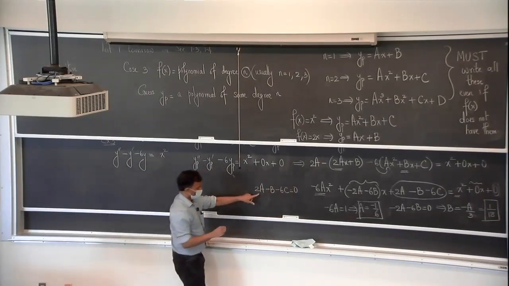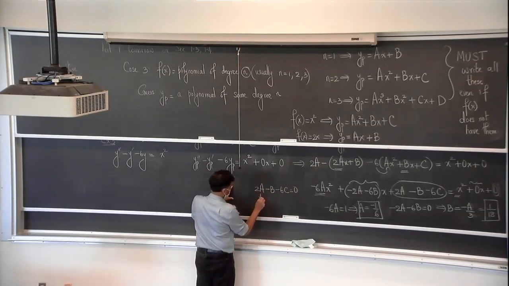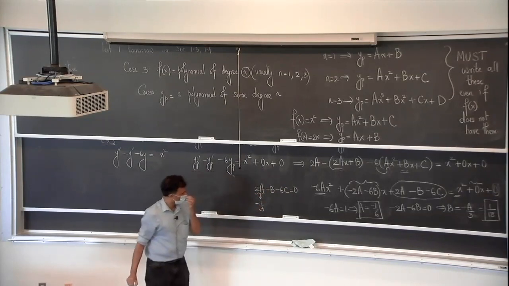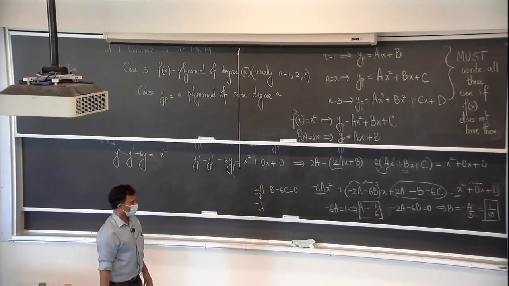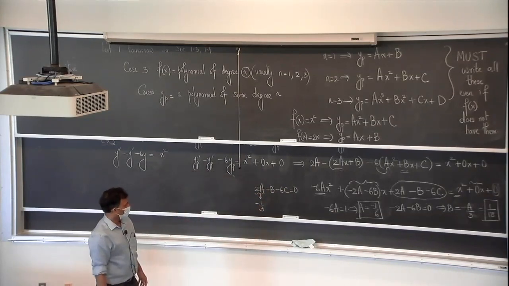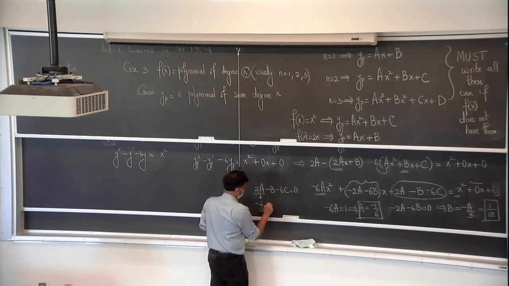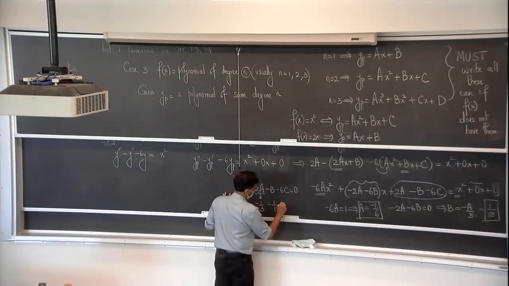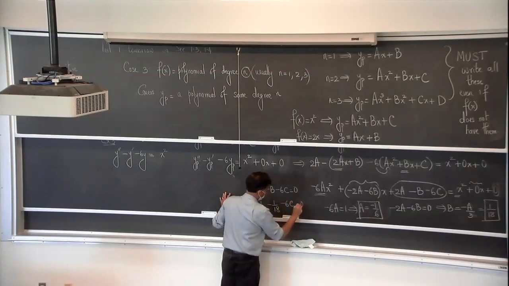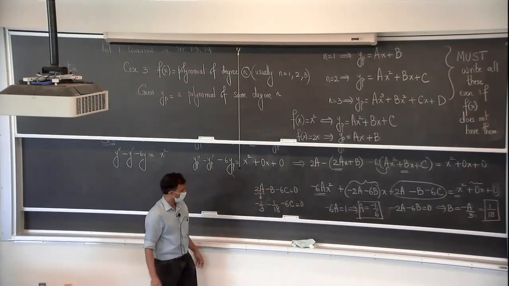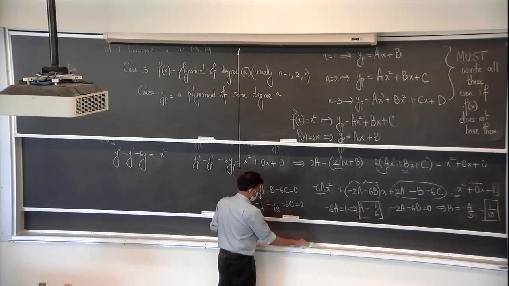a is negative 1/6. That's going to be negative 1/3 here, 2a, minus b, which is minus 1/18, minus 6c equal to 0. So in a way, this is equal to 6 times c.